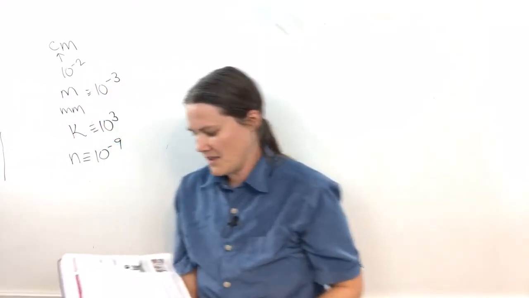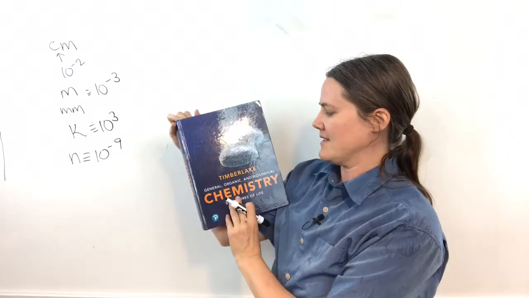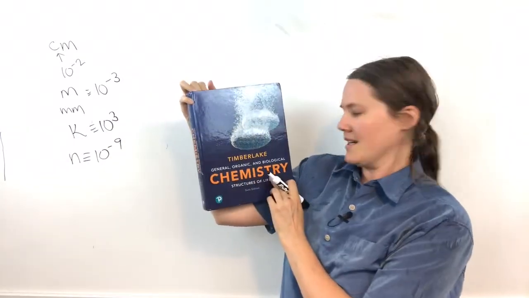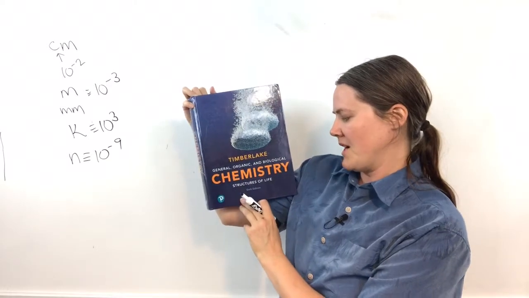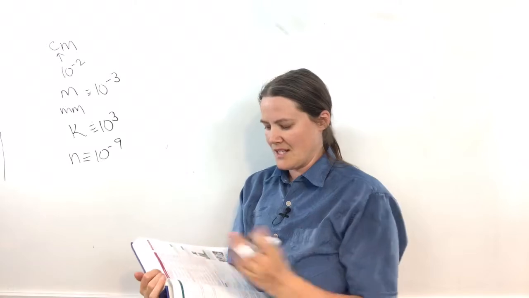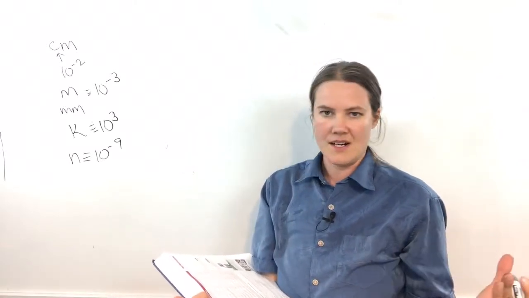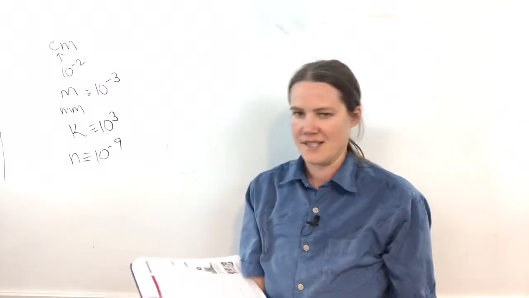And you can find all of these prefixes in a table. I'm looking at a table in this textbook that I have, General Organic and Biological Chemistry by Timberlake, the 6th edition. I'm looking at table 2.5, called metric and SI prefixes.